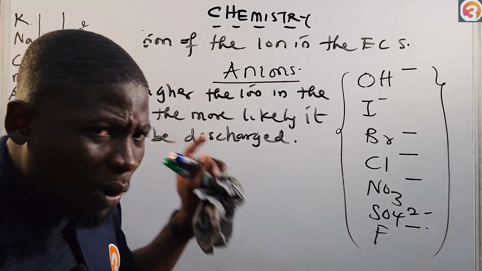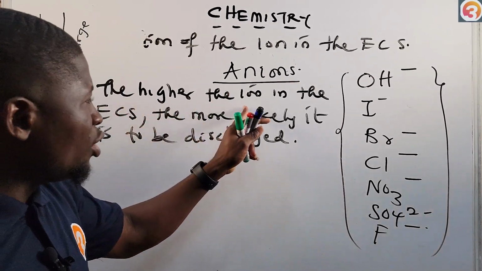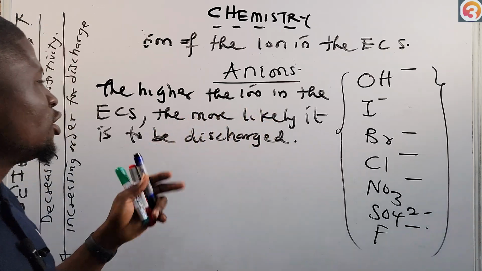Now, why does this happen? The higher the ion in the ECS, the more likely it is to be discharged.